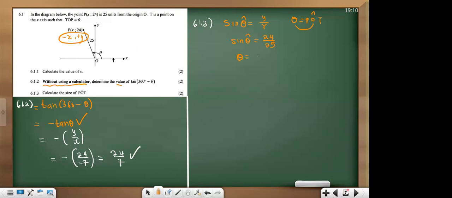Theta will be sine second function 24 over 25. Then theta will be... I don't have a calculator, somebody assist. I thought I could do this in my head, but I cannot.